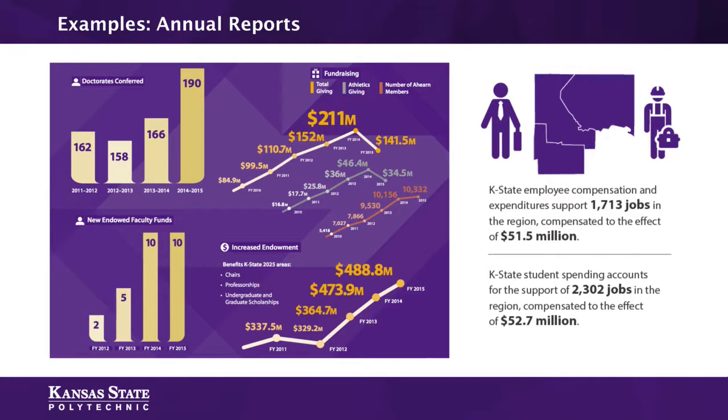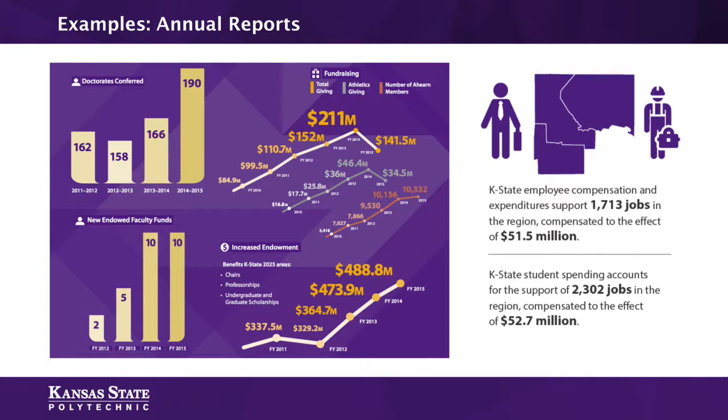These examples here are a little more numbers based. The one I wanted to talk about here is under fundraising with the line graph there. The first thing that your eye is probably drawn to is that number right there, the 211 million in the fiscal year of 2014. By doing some tricks with typography, where you make that number larger and make the text a little bit brighter, it really calls attention to that number, which is what we wanted to do.